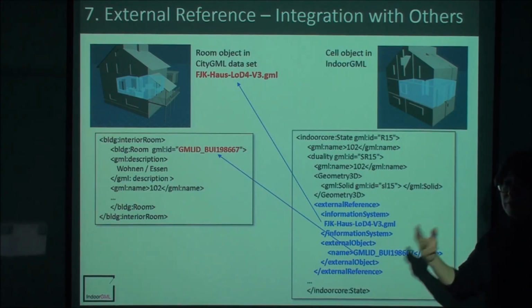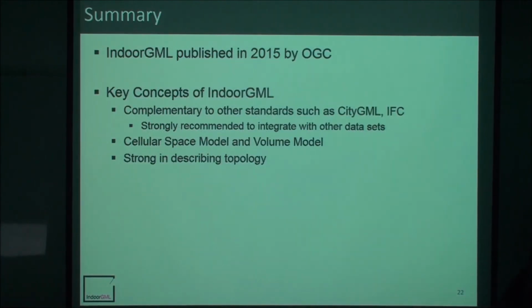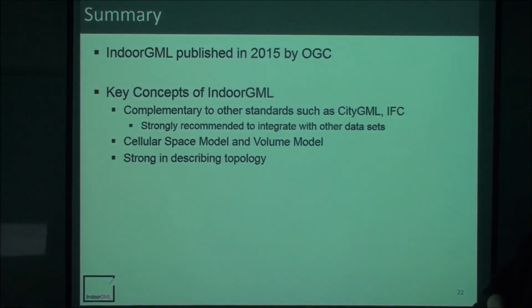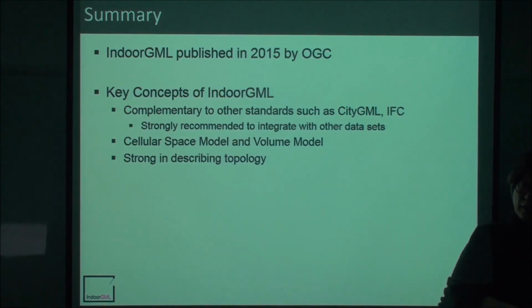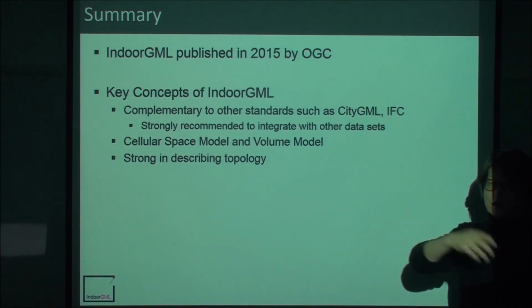Okay, this is a very brief explanation of IndoorGML. In summary, IndoorGML was approved in 2014 and published in 2015 by OGC. The key concept of IndoorGML is, first, that it is complementary to other standards such as CityGML, IFC, or KML, etc. So it is very strongly recommended to integrate IndoorGML with other data sets.